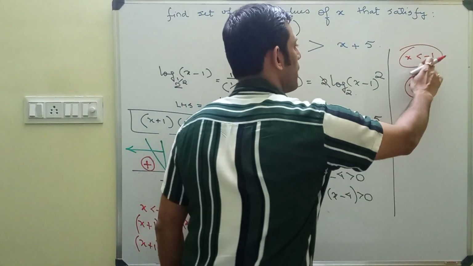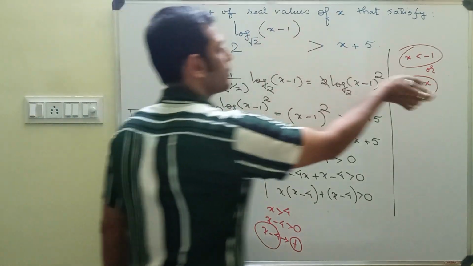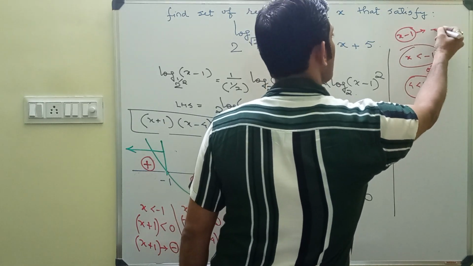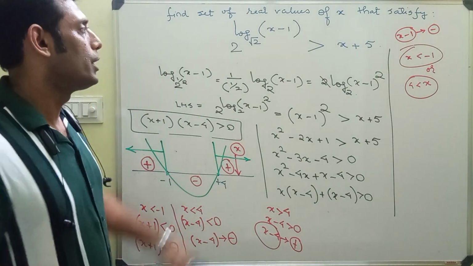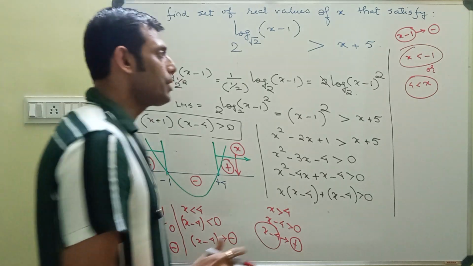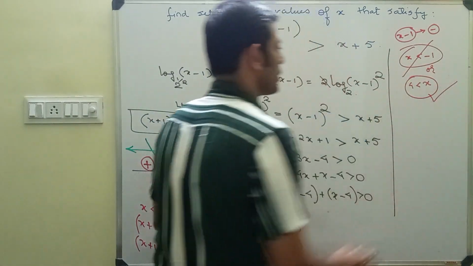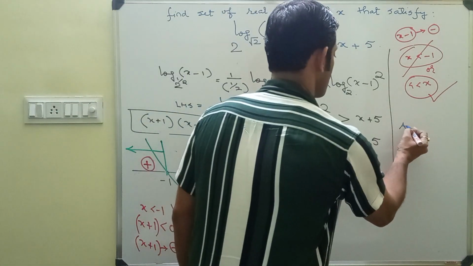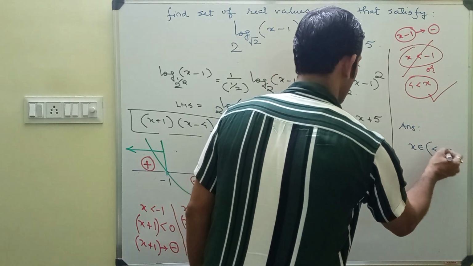If your x is less than minus 1, then this particular factor, x minus 1, would turn negative. It would turn to a minimum value of minus 2. It would be negative. Log doesn't operate on negative numbers. That means this solution cannot be taken. Only this solution can be taken, and that means your answer is simply x element of 4 to infinity.